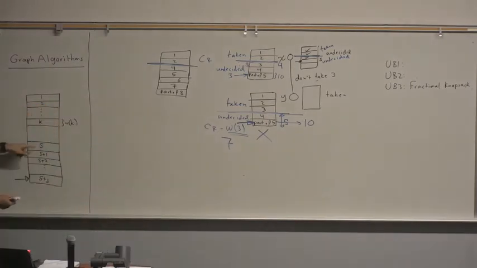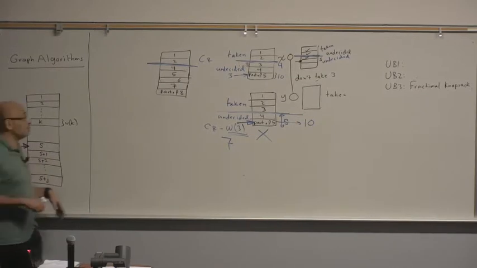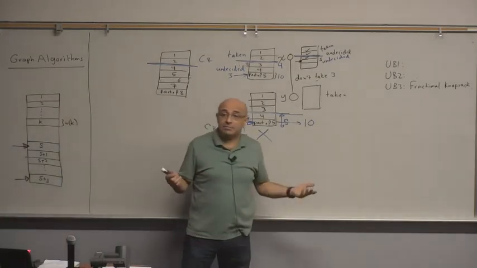So in general, s and s plus j could be the same. Well, in some cases, s and s plus j could be the same. They could be different. And there could be items in between, and there may not be any items in between.